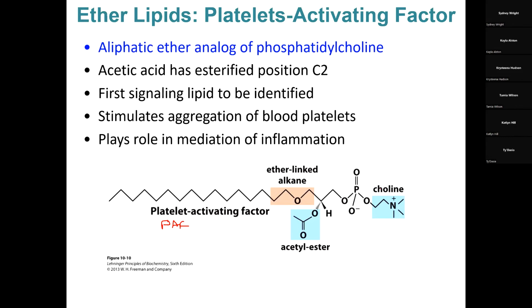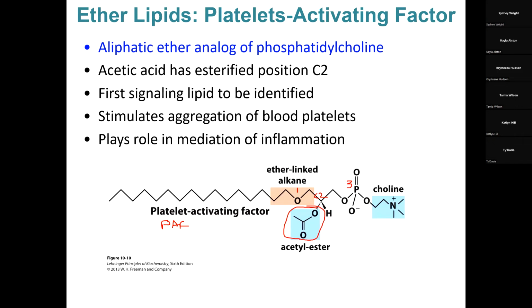So here's the phosphate group. Remember, I keep getting this the wrong way around, I'm sorry, guys. In the glycerol phospholipids, the phosphate is on the furthest alcohol, alcohol number 3, which means that this is alcohol number 2 and this is alcohol number 1. So at alcohol number 2, C2, you have this acetyl group.